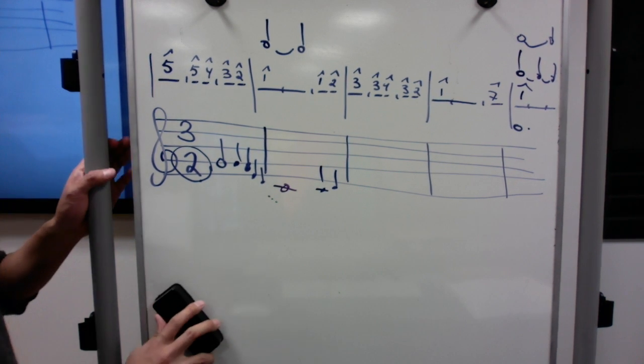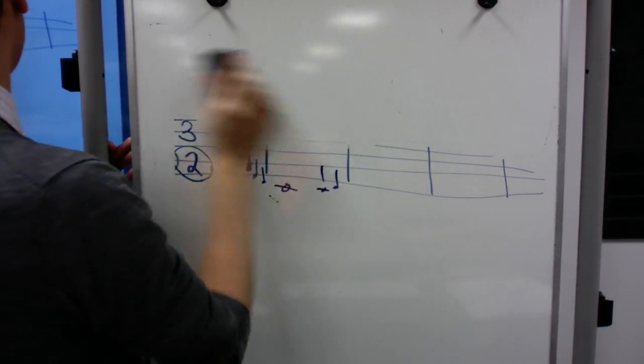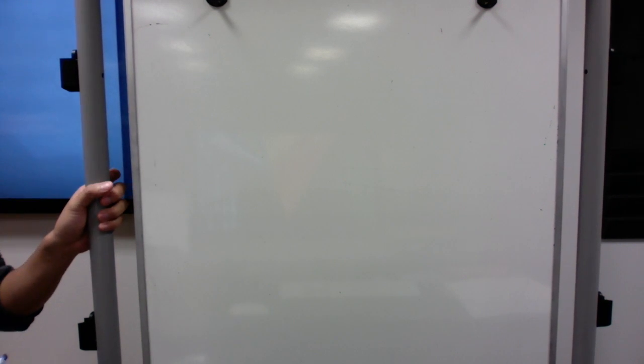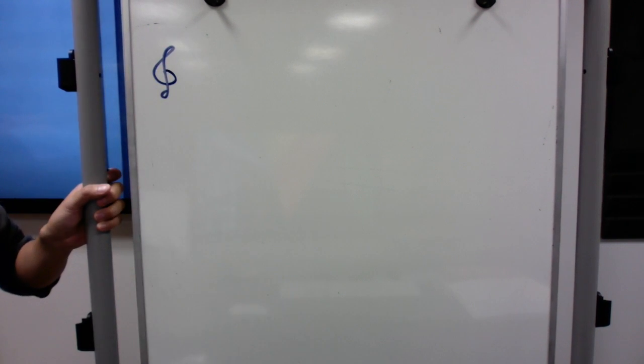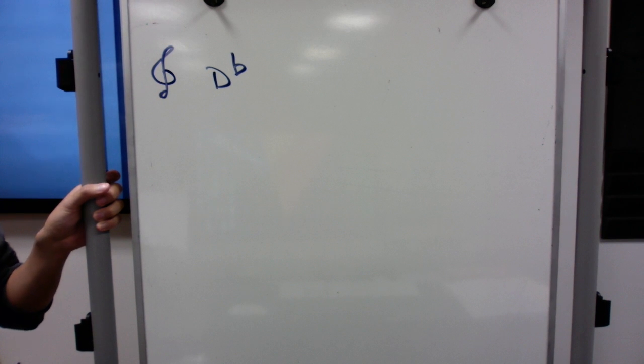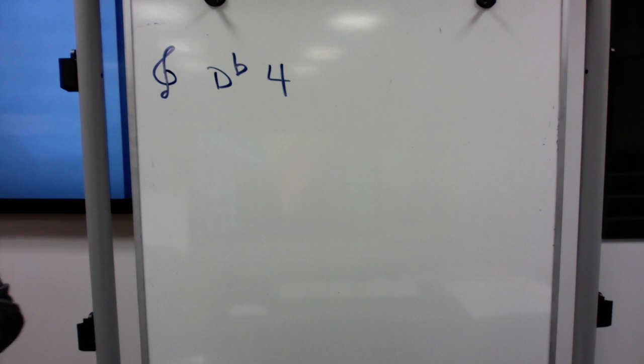As you work on the proto notation, I'll also post this online if that's helpful. This is treble clef. The tonic is D flat. This is the third one, and the bottom number is 4. Okay, so proto first, etc., etc., etc.